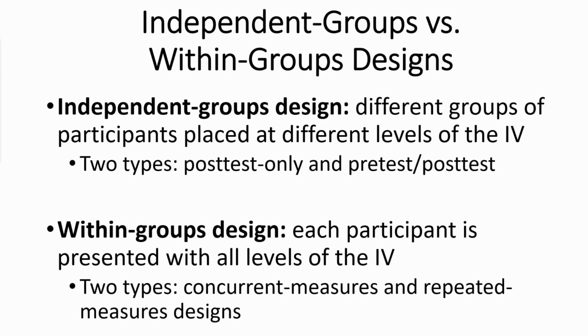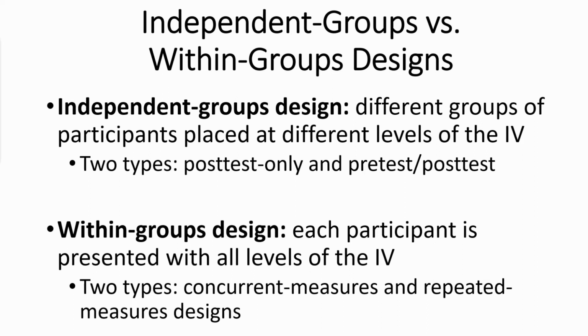So our next section for this chapter is where we're going to look at two different types of group setups for your experimental designs. So we're going to look at independent groups and within groups designs. And these all have multiple different names that you might hear them referred to as. So our independent groups design, you might also hear it called a between subjects design or a between groups design.